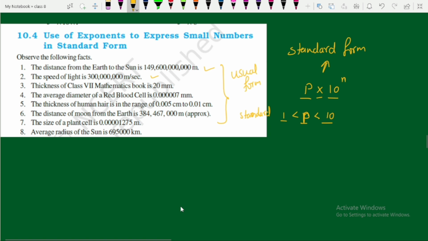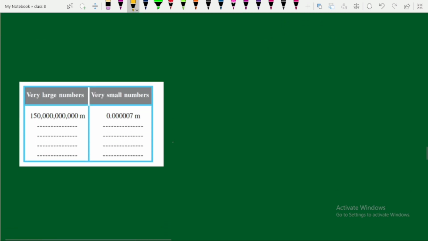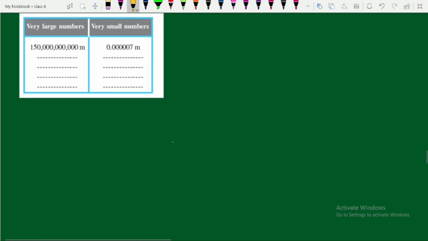First of all we'll see one example of how we can write a given number in standard form. I took a very large number and a very small number. For example, here it is a very big number, 150,000,000,000 meter, right?